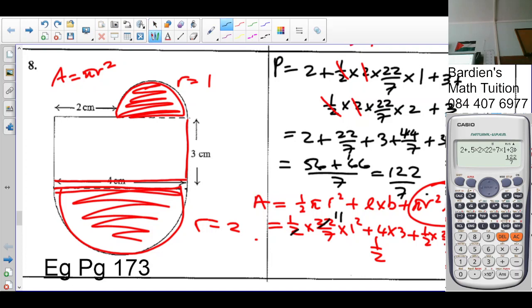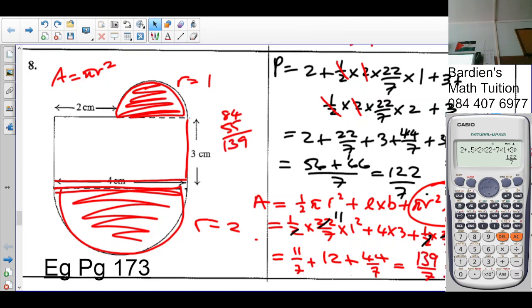That goes 11, so it's going to be 11 over 7 plus 3 times 4 is 12 plus, that goes 11. 11 times 4 is 44 over 7. What is 7 times 12? 84, correct? So it's going to be 84 plus 55. It's going to give you 139 over 7.